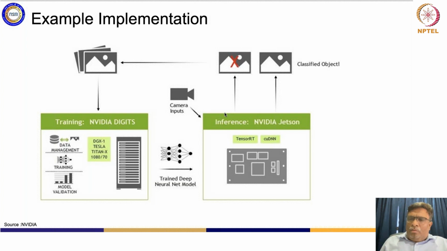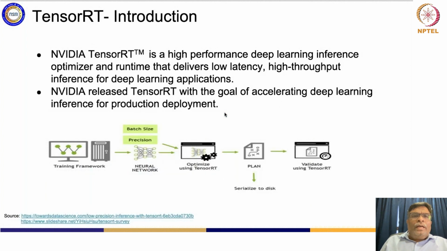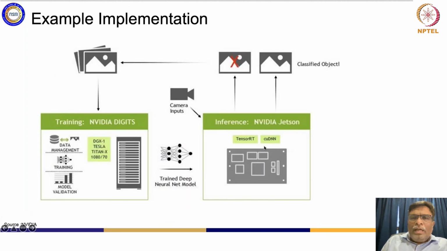Now let us try to understand the TensorRT thing, right? So what is TensorRT? I just showed you that we have TensorRT with cuDNN installed on our edge device. Edge device is nothing but our Jetson. There are various other edge devices also, but we are showing you with NVIDIA Jetson.